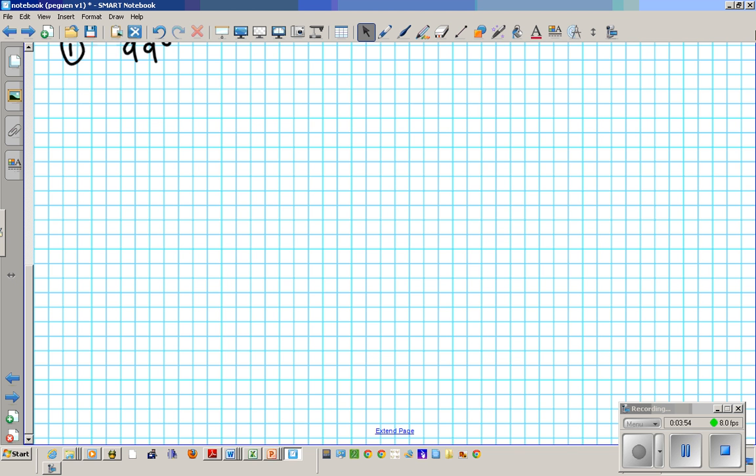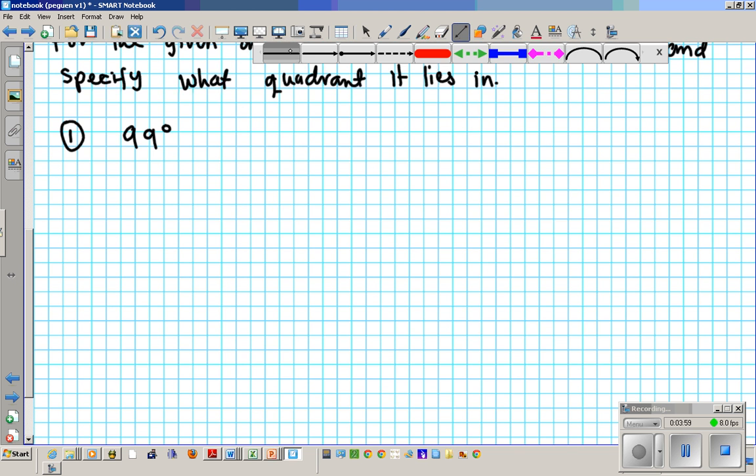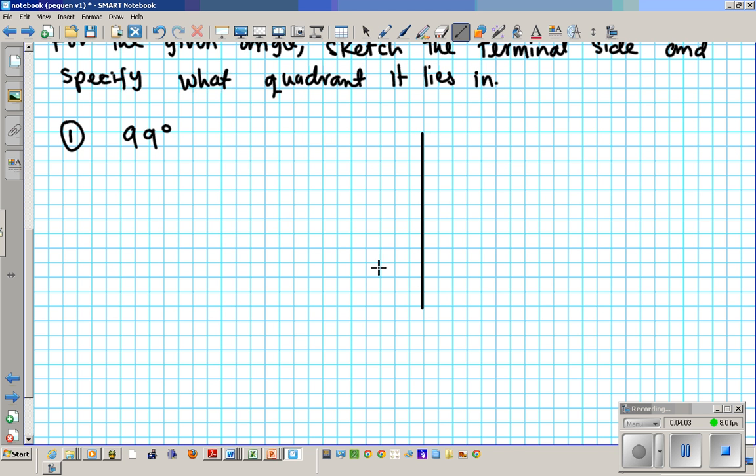Okay, let's see. So for every problem I give you, you have to draw a new coordinate system. Okay, so let's draw a new coordinate system right here, like that. This is your x, this is your y. Now remember that going up and around is positive, and then going down and around is negative.